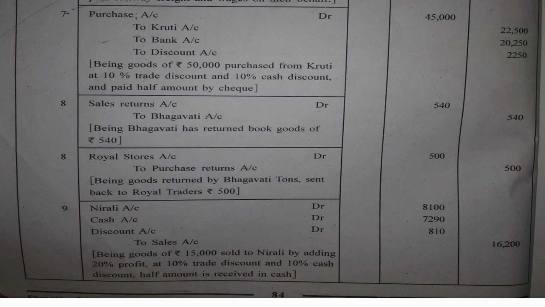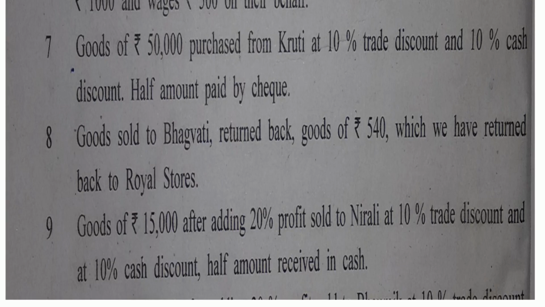So let us see which is the next transaction. Goods sold to Bhagwati, returned back goods of rupees 540, which we have returned back to Royal Stores. See, we have sold goods of rupees 15,000 at a price of 16,200 to Bhagwati. These goods were purchased from Royal Stores and were sold to Bhagwati.